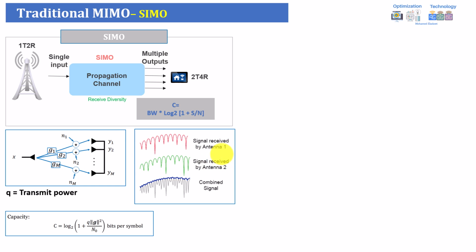For example, in this example on the right, you have the signal received from antenna 1 and the signal received from antenna 2, and it will combine both of them. At this particular point, signal 1 was attenuated, while here the other was much better, so it will get a better result from combining at the end. And same for the other spikes up and down here. This is how it looks.